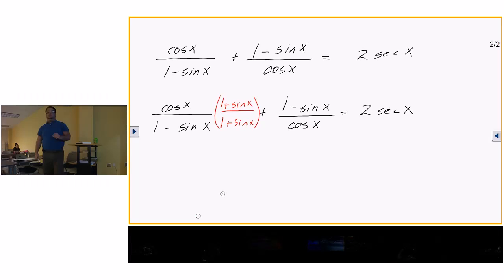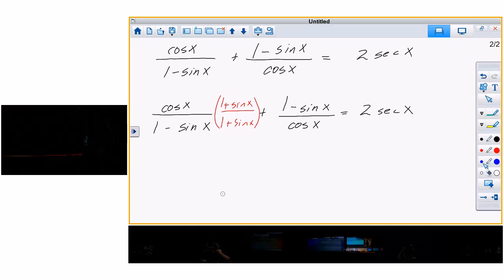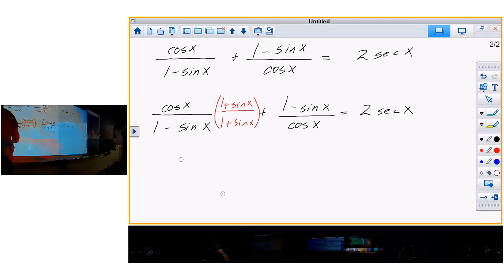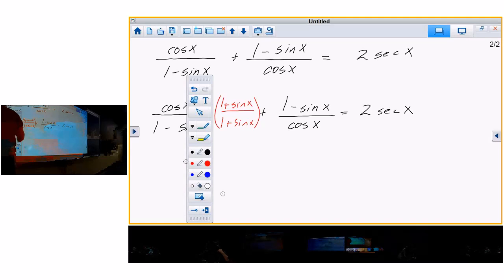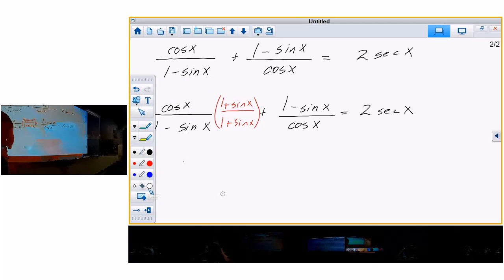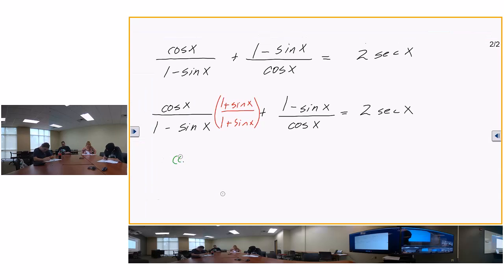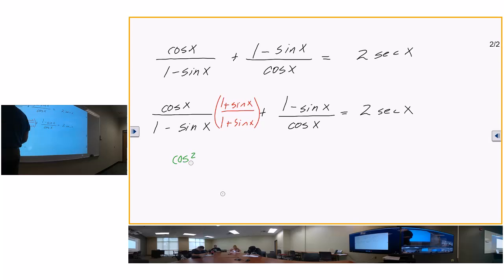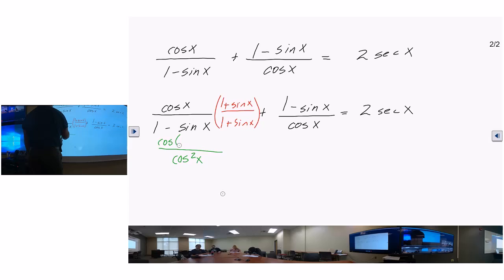So on the conjugate, we're going to get 1 minus the sine squared, and 1 minus the sine squared is the what? Cosine squared. So you're going to have cosine squared on the bottom, and then cosine times 1 plus sine of x.